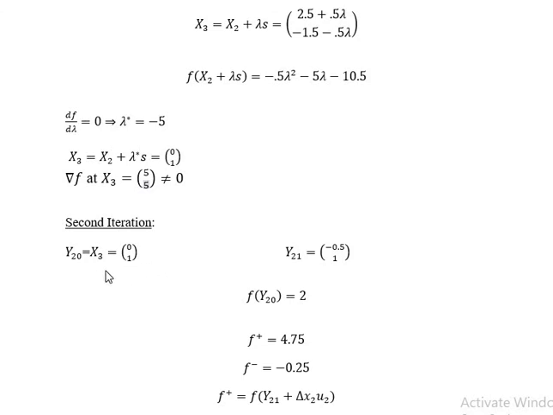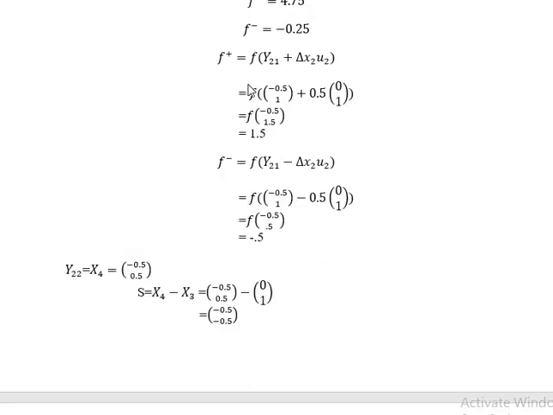In the second iteration, we will get y20 equal to x3, that is equal to (0, 1), y21 equal to (-0.5, 1). Then we can calculate the function value at y20, with f plus and f minus values as given: after calculation we get 4.75 and minus 0.25. Then f plus equal to f of y21 plus delta x2 u2 in the vertical direction.